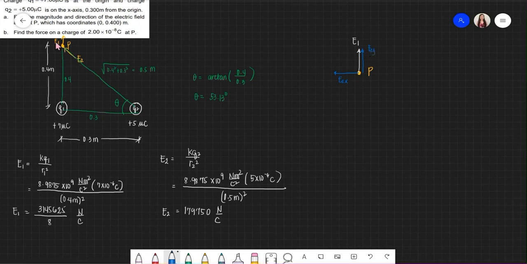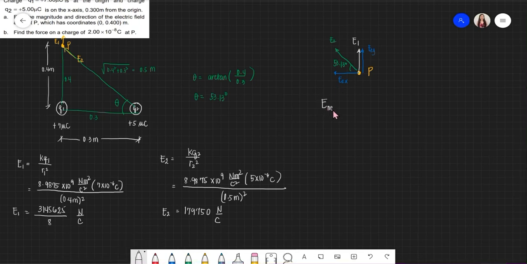Because E2 is directed diagonally this way. That is the direction of E2. And this angle is 53.13 degrees.